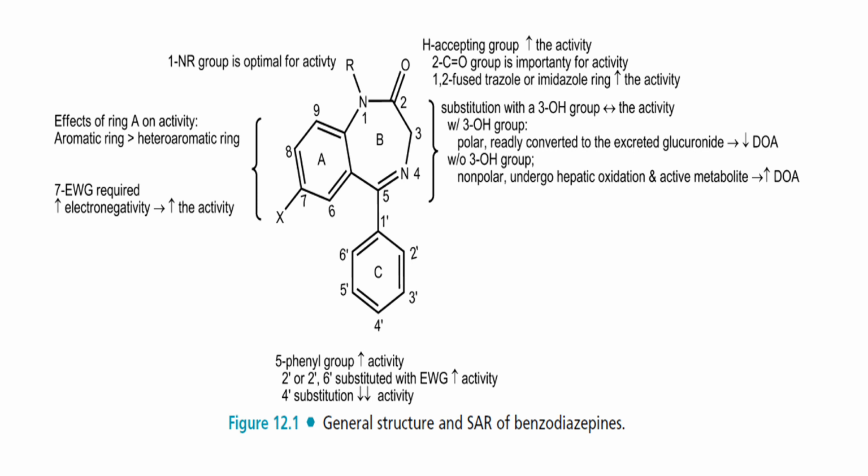The substituents that can be added are electron withdrawing atoms such as chlorine and fluorine, for lorazepam, midazolam, and clonazepam. Removal of that ring C results in loss of agonist activity.